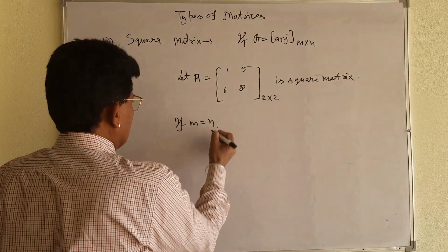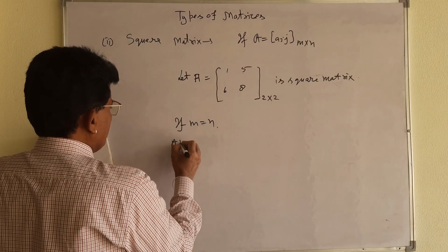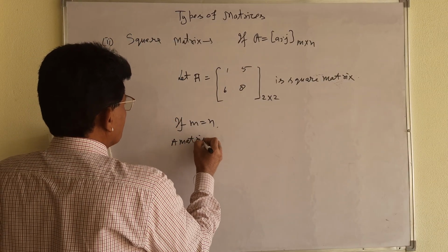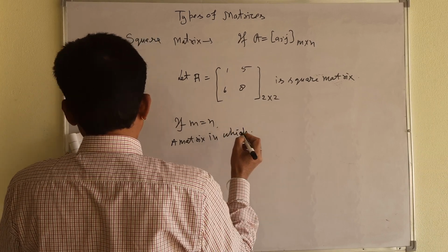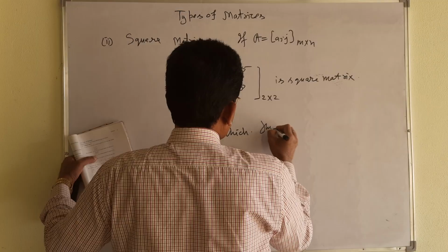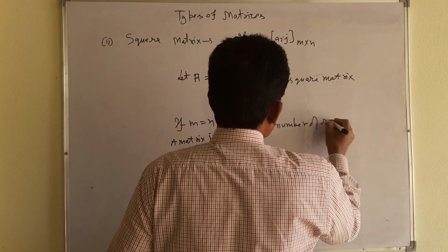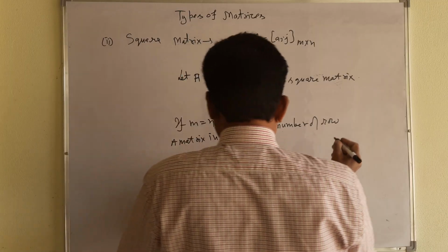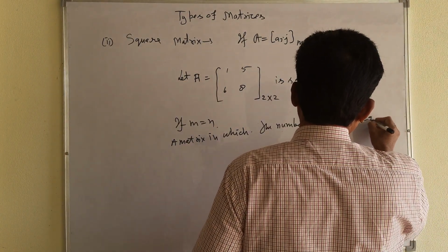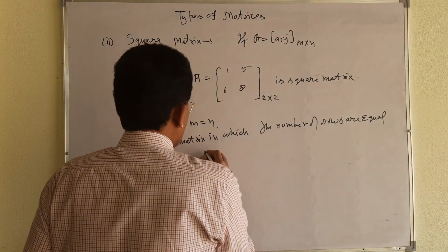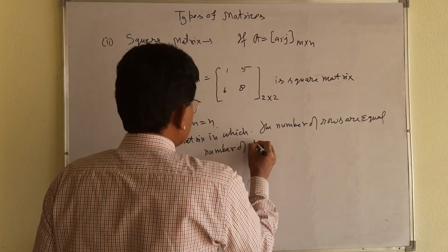That is why you can write the definition of the square matrix: a matrix in which the number of rows is equal to the number of columns.